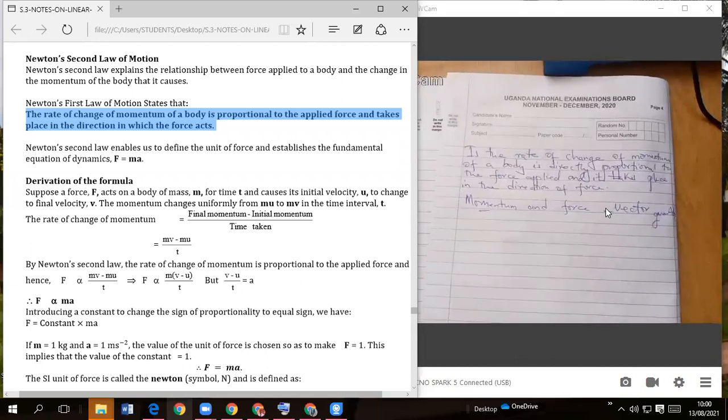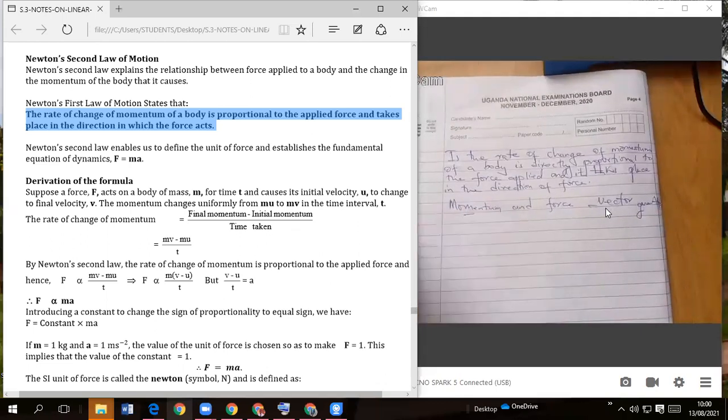But we know that there are some scenarios where this law may not be applicable. Take for example, if you are rolling a wheelbarrow, you find that instead of you pushing the wheelbarrow, it's the wheelbarrow pushing you. Have you experienced that?